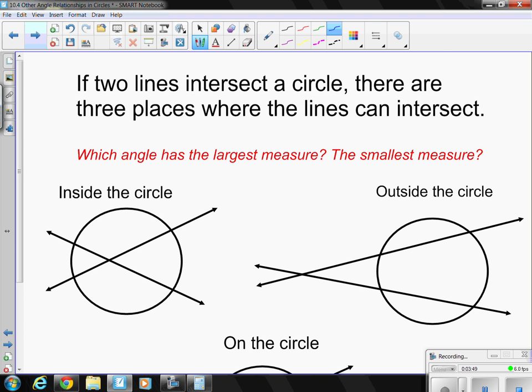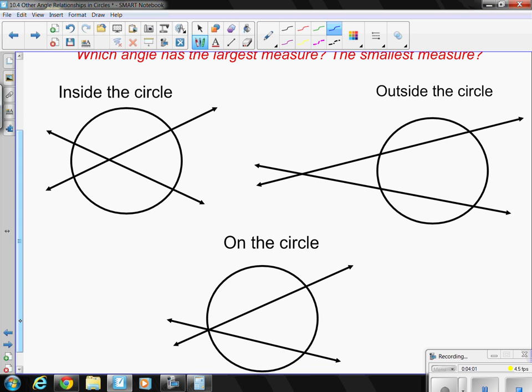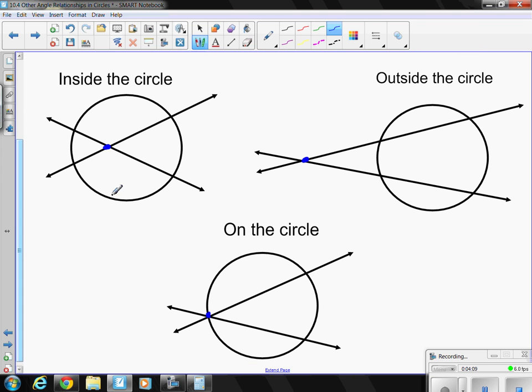Now, here's where it gets a little bit more complicated. There are going to be 3 theorems, and they talk about lines that intersect a circle. The intersection can either be on the inside, outside, or on the circle. And we're going to talk about how these intercepted arcs relate to the angles formed. Now this is a little bit different.